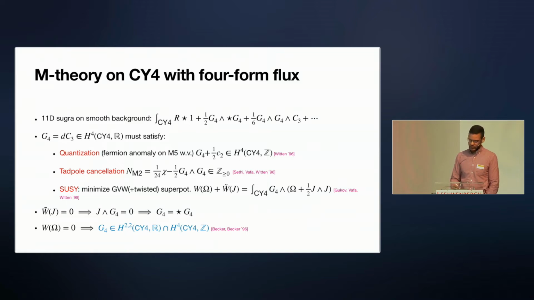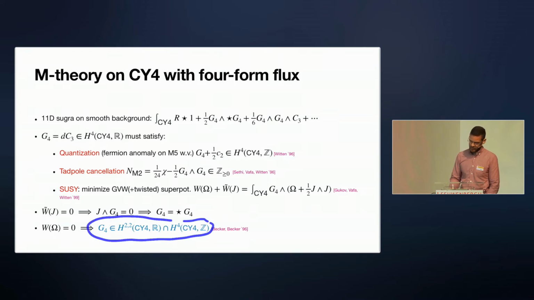And finally, if we want to preserve supersymmetry, we have to minimize the so-called Gukov-Vafa-Witten superpotential plus the twisted superpotential. It's the sum of these two objects right here. And most relevant to the discussion today will be the fact that if we minimize the GVW superpotential, we'll find that the flux is forced to be of (2,2) type.